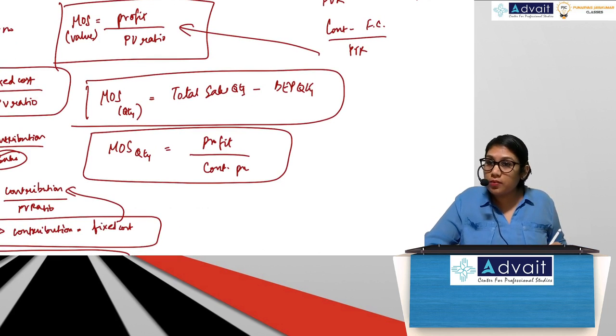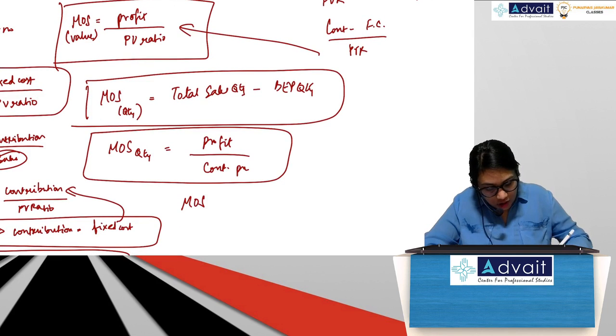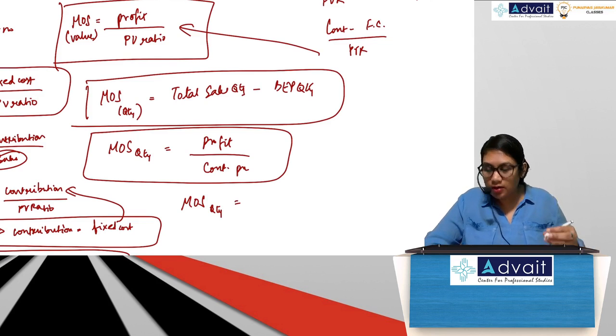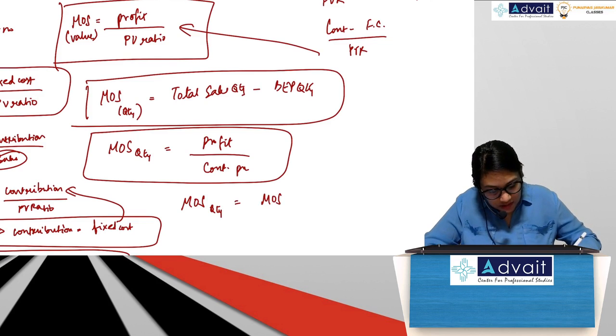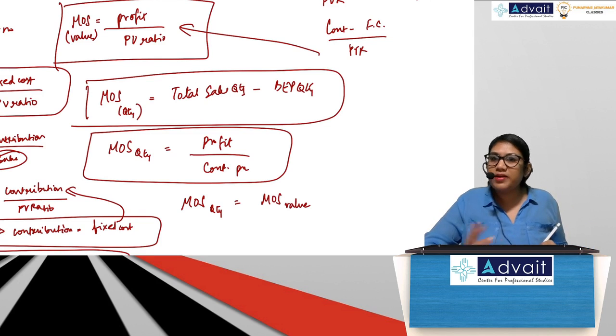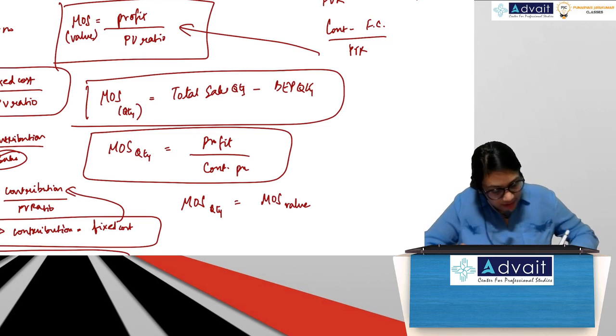And formula number 3, margin of safety quantity will be margin of safety value. This is ultimately sales only, no? Divided by selling price per unit.